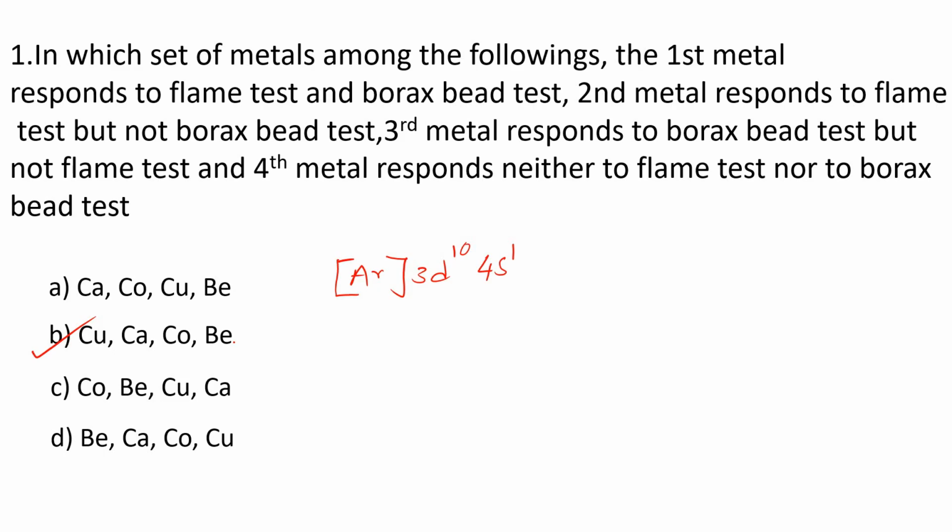Already explained why beryllium cannot give the flame test: because beryllium is the first member of this group whose size is small, so nuclear charge density is more, therefore electrons are strongly bound, and thermal excitation with the thermal energy of the flame is not possible for these electrons. The excitation will be possible with higher energy, which will not fall into the visible range.